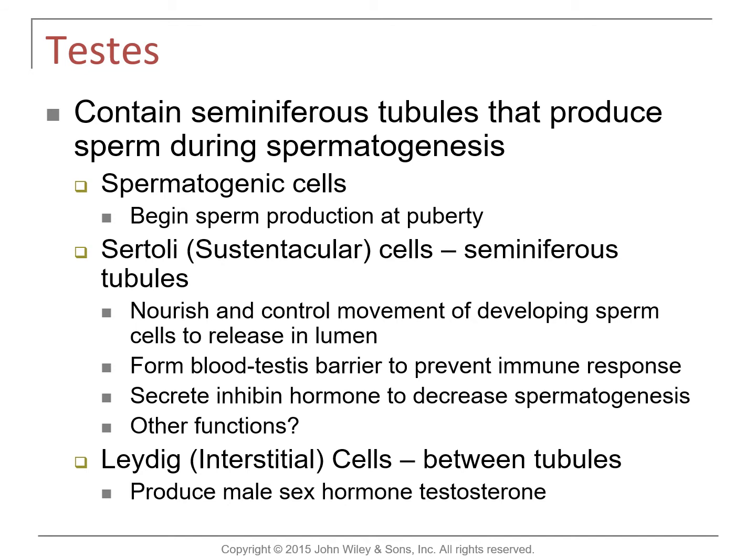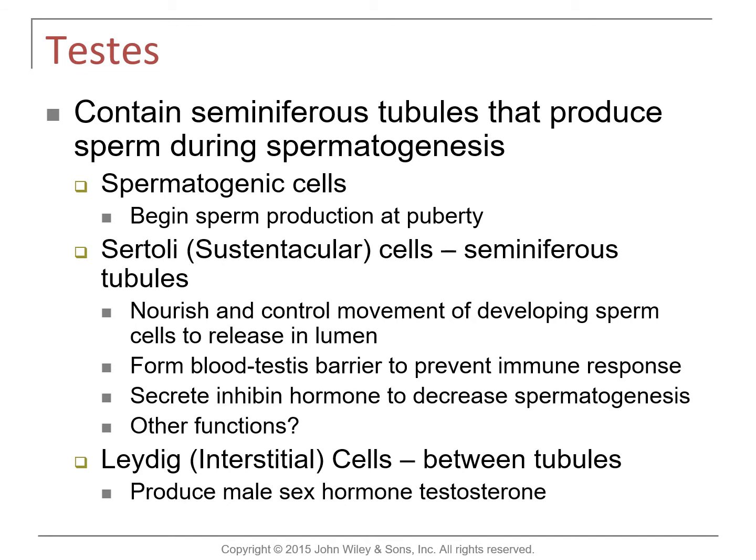Another important function is that they form the blood testis barrier. And in this way, the cells form tight junctions that block immune cell entry and recognition and eventual destruction of the developing spermatogenic cells. So the spermatogenic cells are blocked from immune cell exposure.